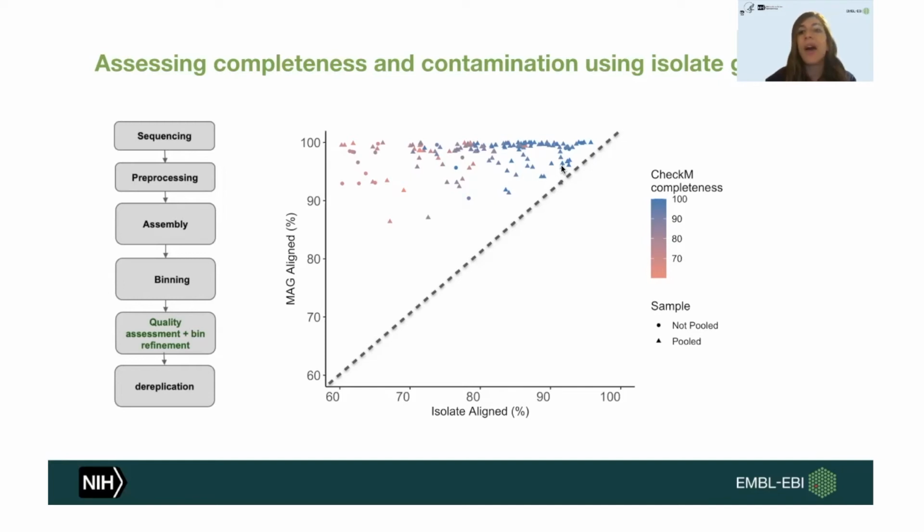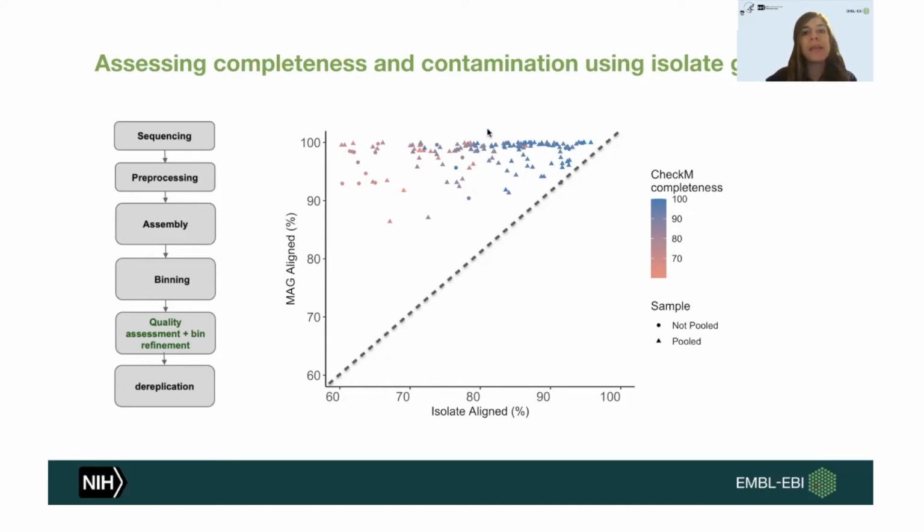Let's say that there are 10 single copy marker genes. If we find 9 out of the 10 in our MAG, we can approximate that the MAG is roughly 90% complete. But if we find one of those single copy marker genes twice, then we can approximate that perhaps the MAG is 10% contaminated. And here we find that as we go towards increasing isolate aligned, the CheckM completeness also increases. So they tend to correlate with one another, which is again reassuring.